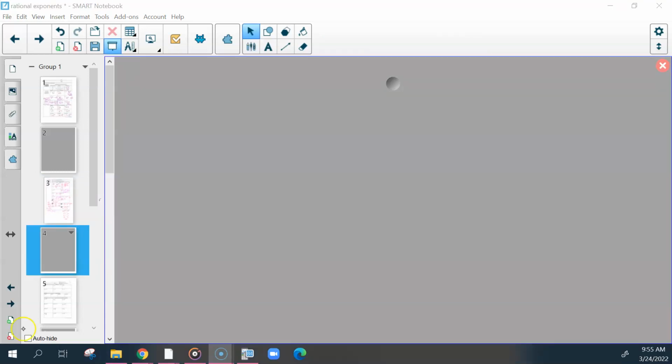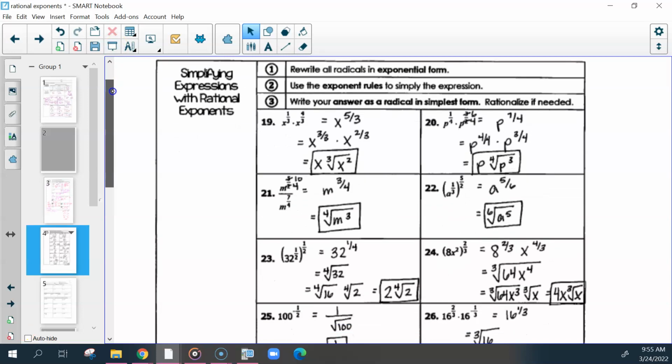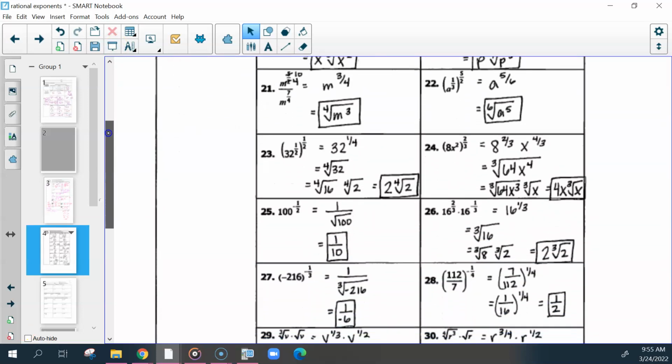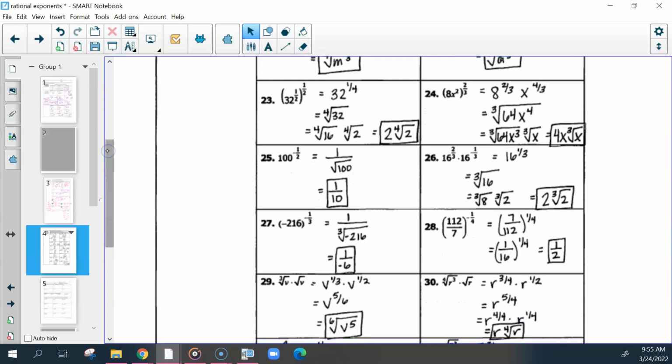Yes, give me a second. So for 23, final answer was 2 times the 4th root of 2. For 23, you also could have changed this. So like after you got this part, 32 is the same thing as 2 to the 5th.